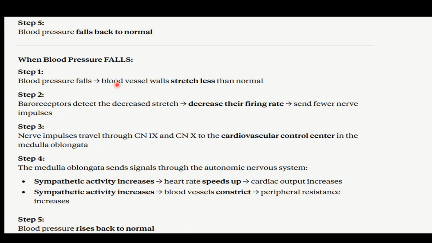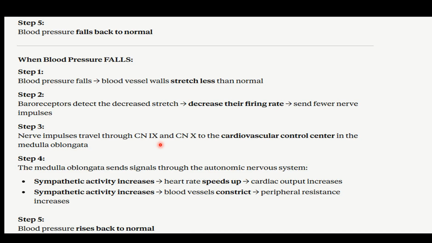The second case is when blood pressure falls. In this situation, blood vessel walls stretch less than normal. Baroreceptors detect the decreased stretch, decrease their firing rate, and send fewer nerve impulses. Then nerve impulses travel through CN9 and CN10 to the cardiovascular control center in the medulla oblongata.